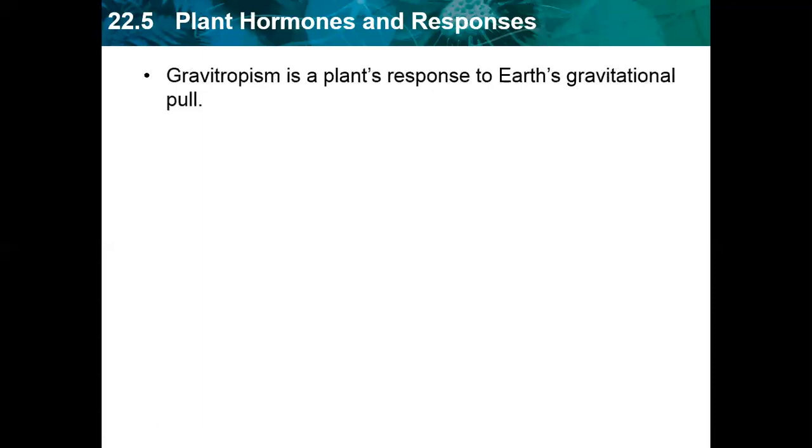Gravitropism, as the name indicates, is about gravity. Gravity is a force that pulls things to the center of the earth. So gravitropism is a plant's response to the earth's force of gravity, the pull of gravity.